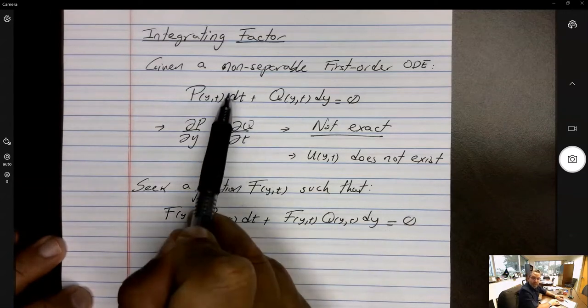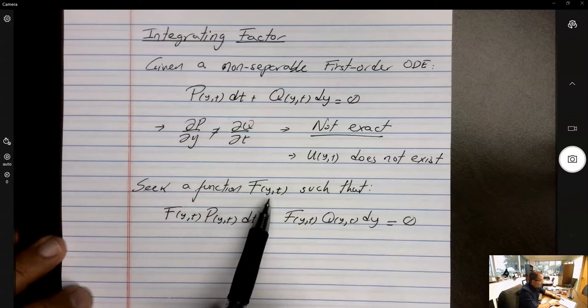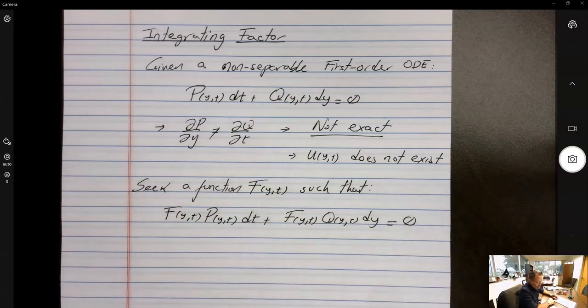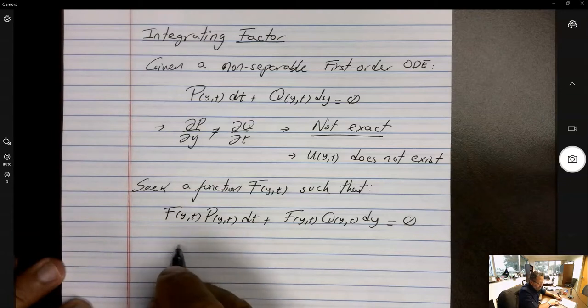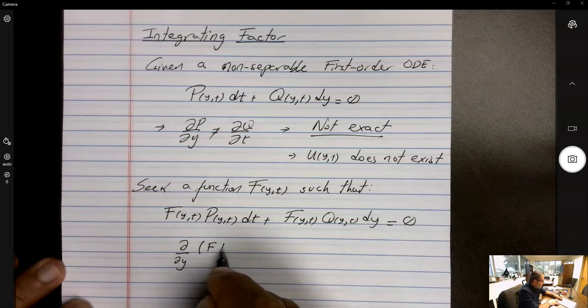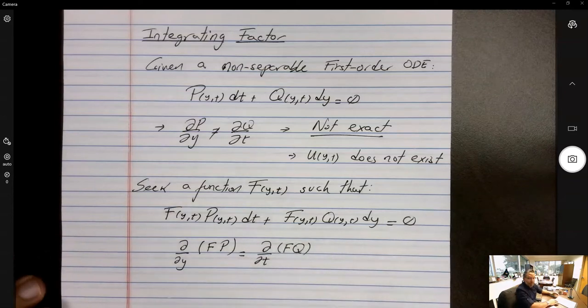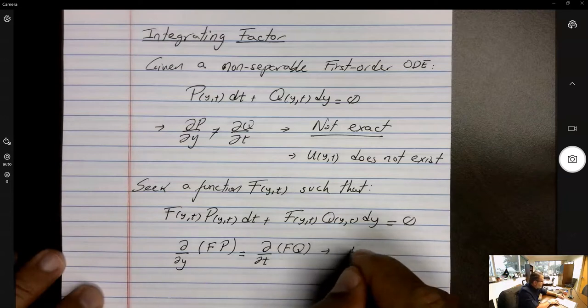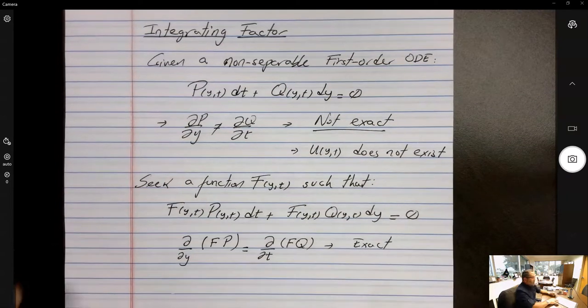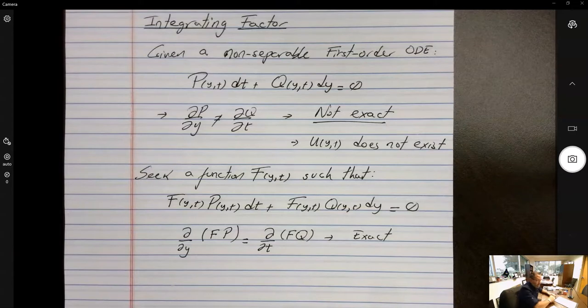This equation is perfectly equivalent to this one, regardless of what f is. But the function f that you're going to make up is going to be such that when you take the partial of fP with respect to y, you get exactly the partial of fQ with respect to t. So now you've made this equation exact. You construct a function such that when you multiply it through the differential equation, you happen to make it exact.